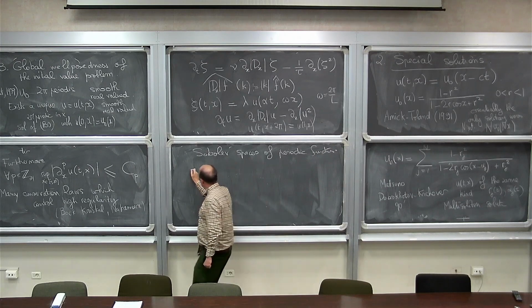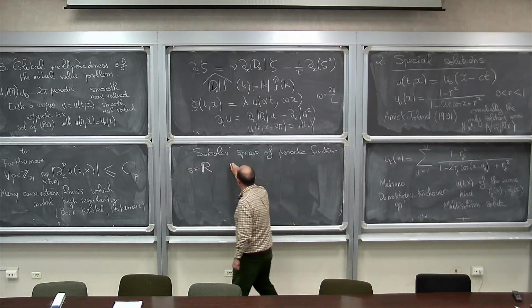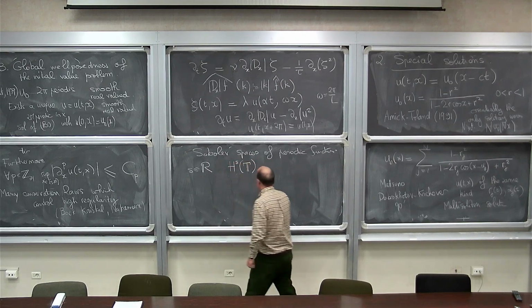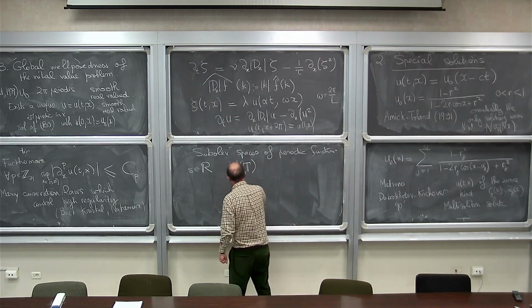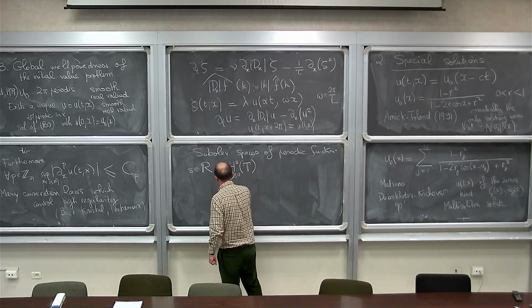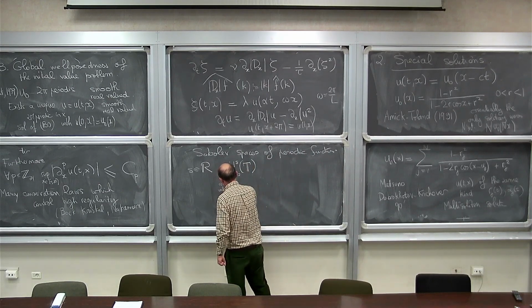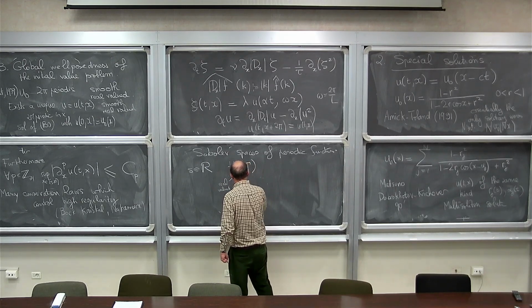So given a real number s, I will define H^s(T, R)_0. R means that I look at real valued functions, and 0 means that I have average 0.